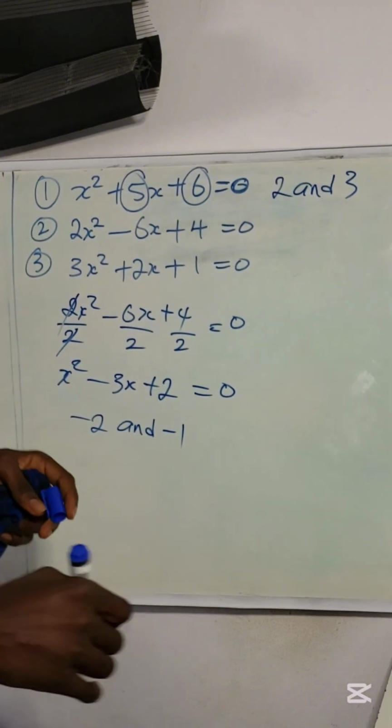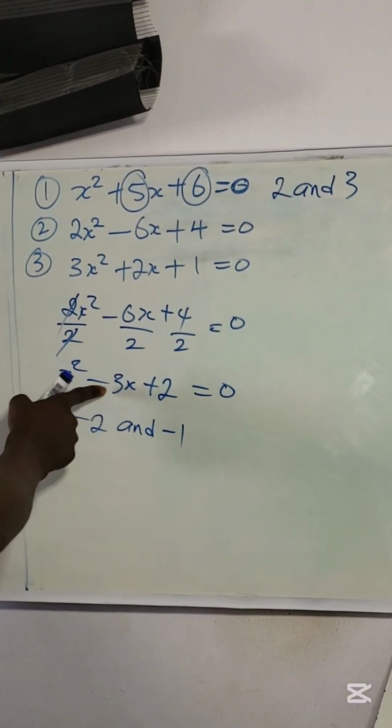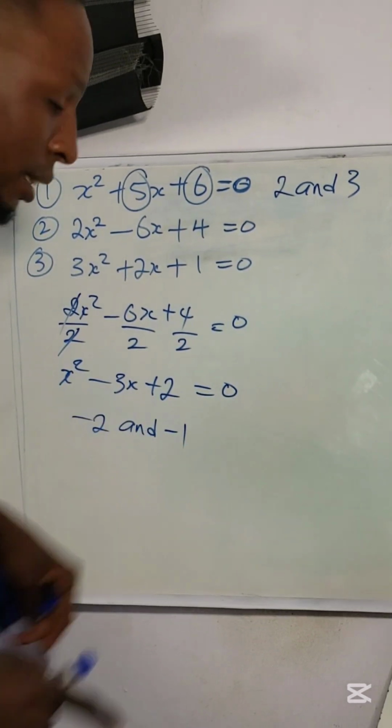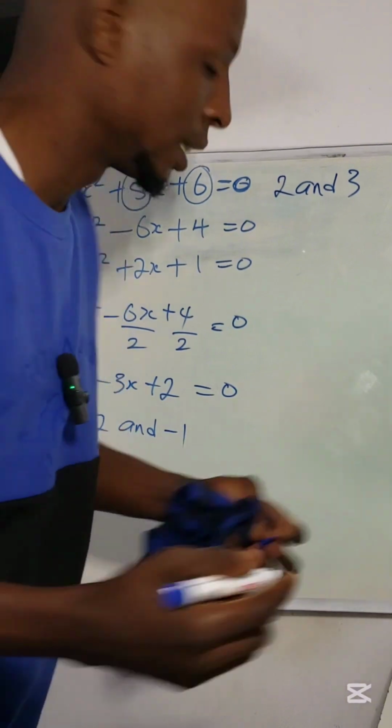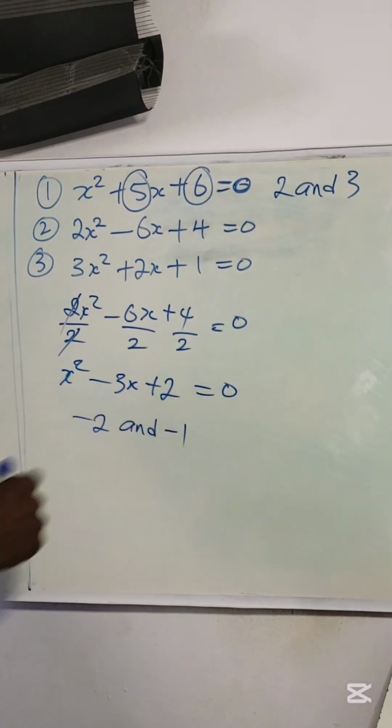Minus 2 minus 1 is minus 3, and if you multiply minus 2 times minus 1, you have 2. So obviously, minus 2 and minus 1 are the solutions to this equation.